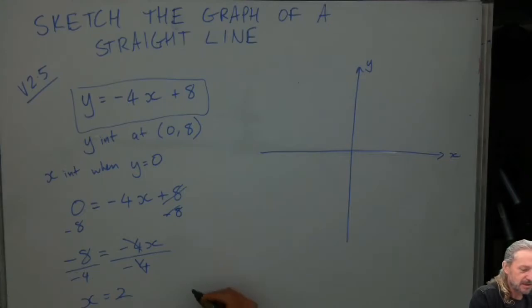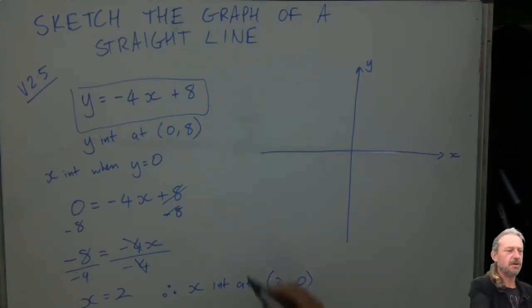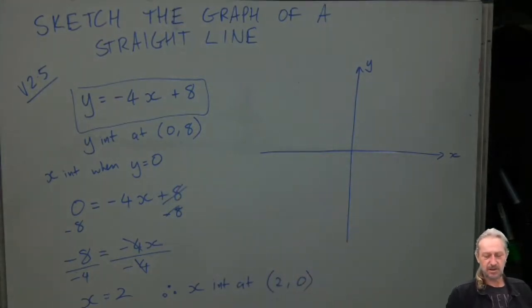So the x-intercept, therefore, x-intercept at 2, 0. So here's 1 point, 0, 8, and 2, 0 is our second point.